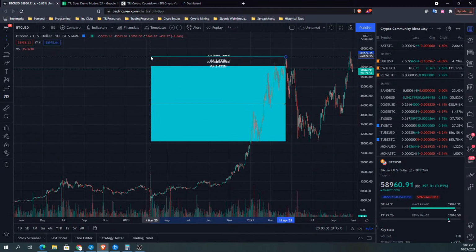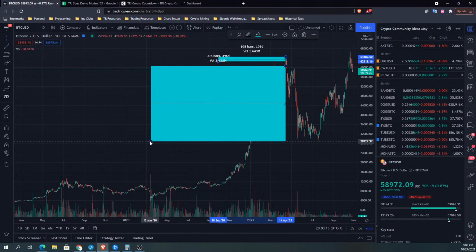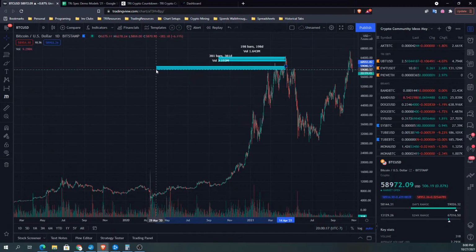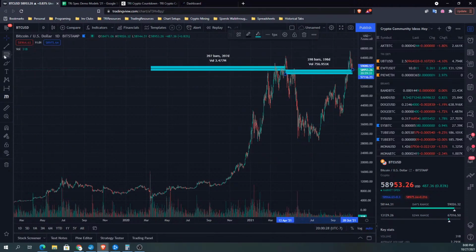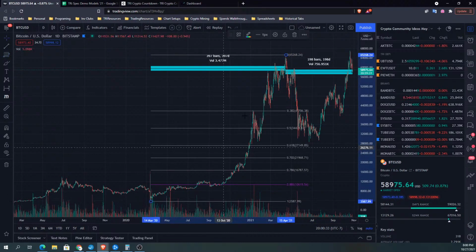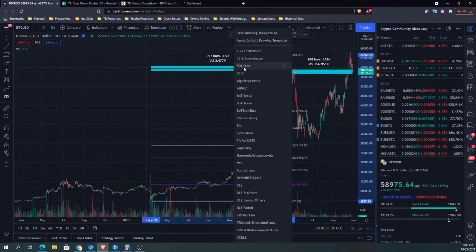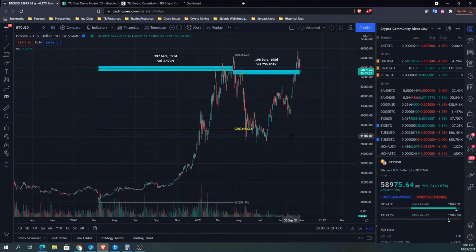So, 396, I mean, if we just say like 195 or something like that, 198. So really we should hit the 50% retracement level right around 50% of the bull market. So roughly, if we just do a 50% retracement, we should hit this right about there.